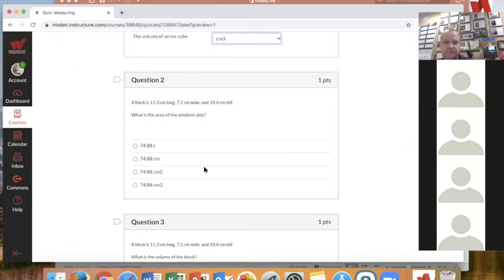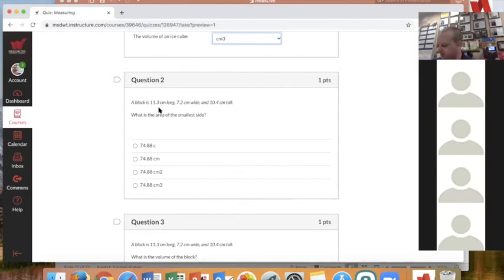Number 2, a block is 11.3 centimeters long. It is 7.2 wide, and it is 10.4 tall. We want to know what is the area of the smallest side. Okay, the smallest side is going to be this one.